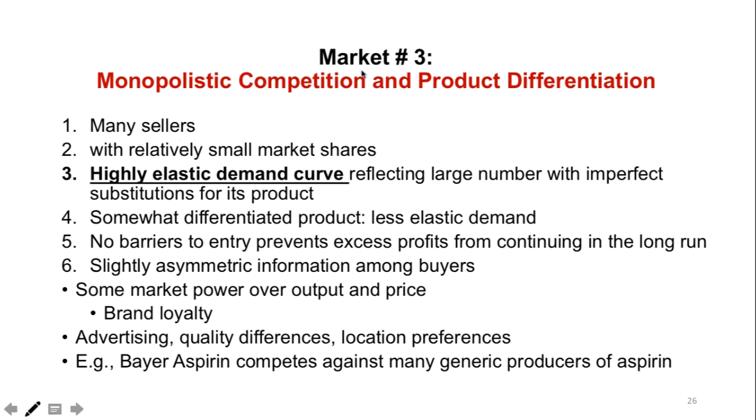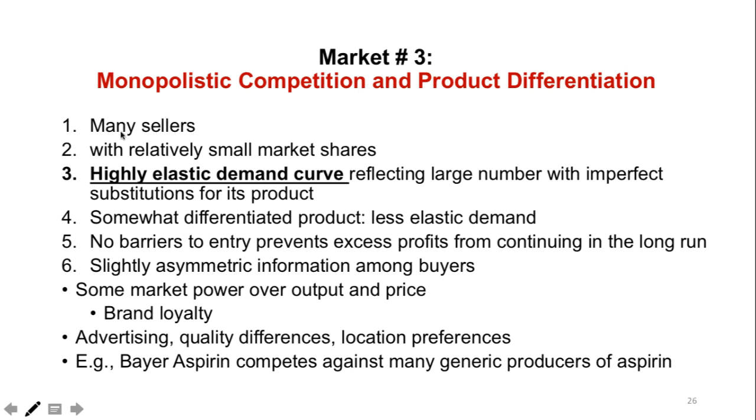So let's see market number 3. Let's move from the perfectly competitive market and monopolistic competition to the monopoly, the extreme of the spectrum of the market. Let's move to the intermediate market, monopolistic competition and product differentiation.